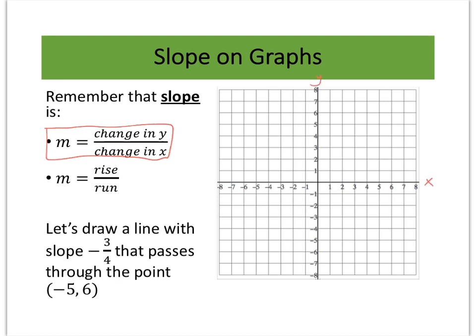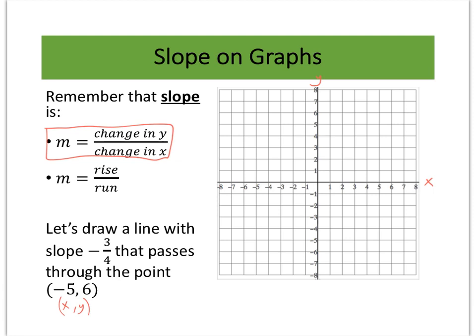So if I draw a line that has a slope of -3 over 4 that passes through the point -5, 6, I first am going to start at -5, 6. And when I start at -5, 6, remember that x, y is how my numbers in an ordered pair go. So I start negative 5 over to the x, and then 6 is my y value. So I'm going to plot a point right there.